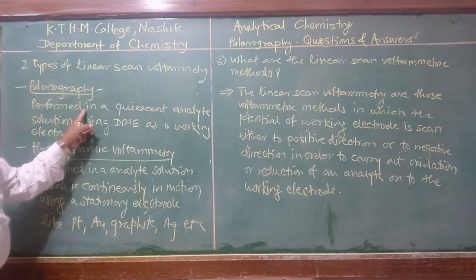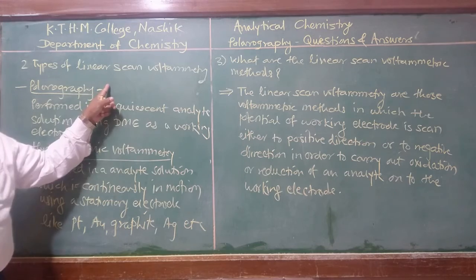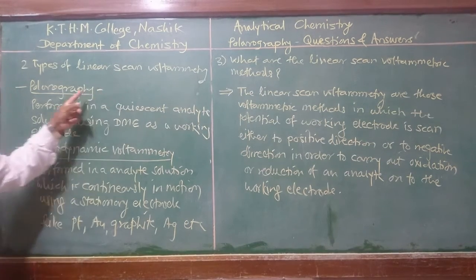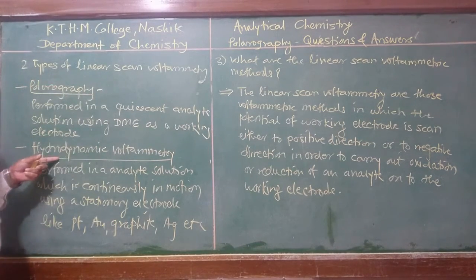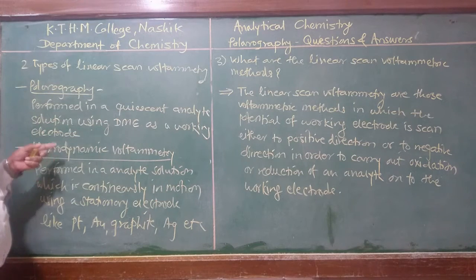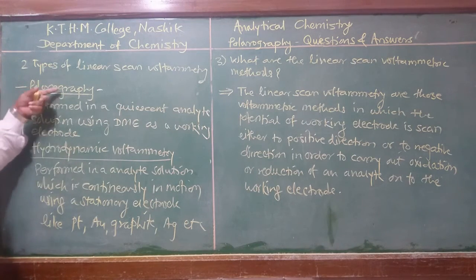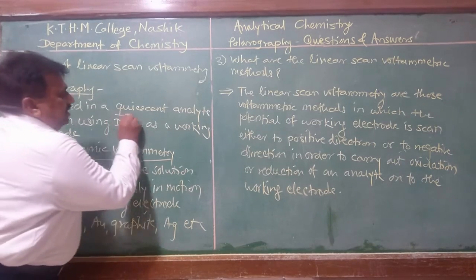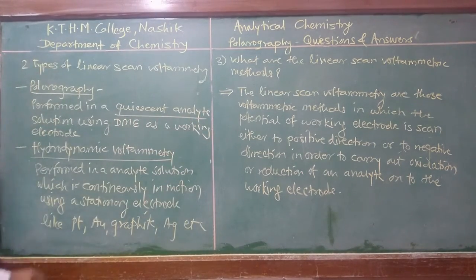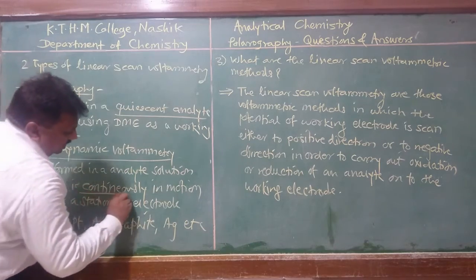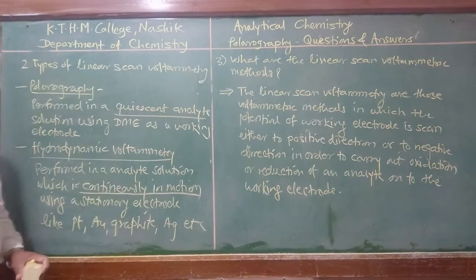One may ask: what is linear scan voltammetry, and differentiate between polarography and hydrodynamic voltammetry. The main difference is that polarography is performed in a quiescent analyte solution and hydrodynamic voltammetry is performed in a solution which is continuously in motion.